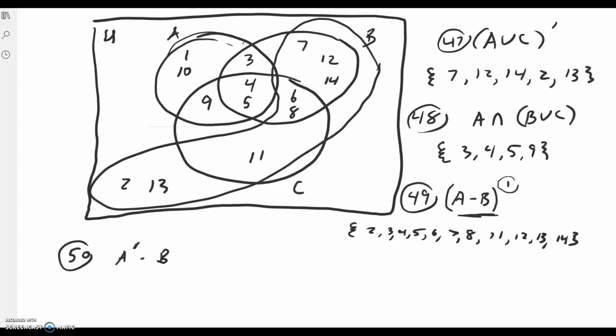And we're subtracting off stuff that's in B. Well, that's in B, that's in B, that's in B, that's in B, that's in B. So what's outside of A, but also outside of B? We want them to be outside of both, and it's this number, and this one, and this one. So that's a little bit trickier of a problem in a way. There's some more thinking involved.